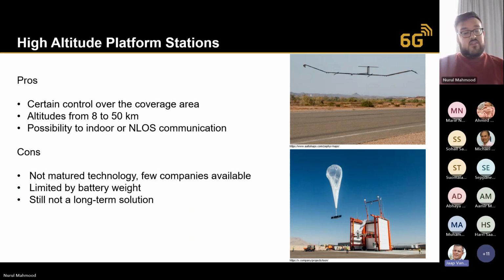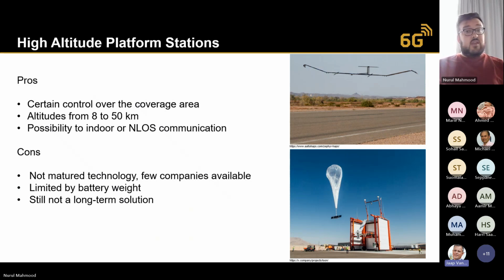But nowadays it's just discontinued. The ones that came after this are balloons in the Zeppelin style of HAPS. Anyway, the altitudes go from 8 to 50 kilometers. It kind of depends on the group or the alliances studying them. But you can say it's not as low as a UAV, not as high as a LEO satellite.